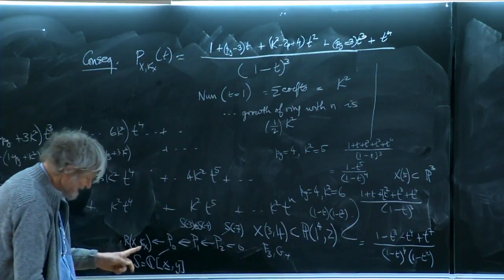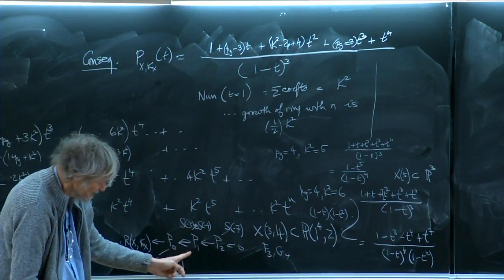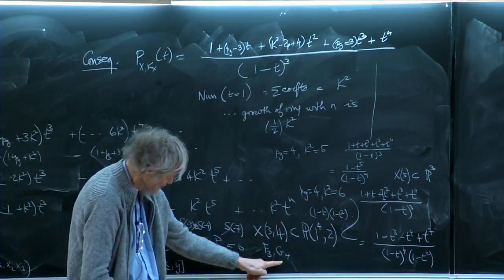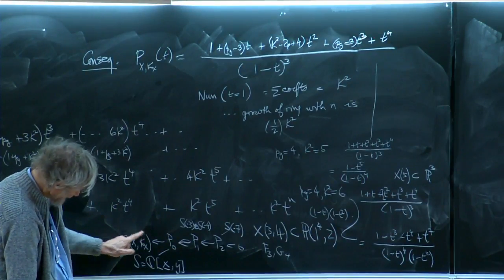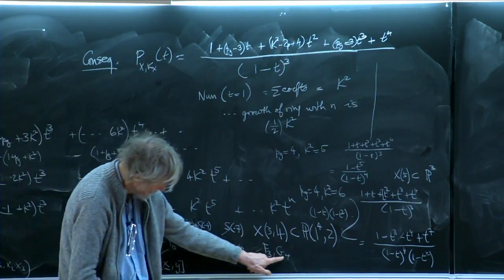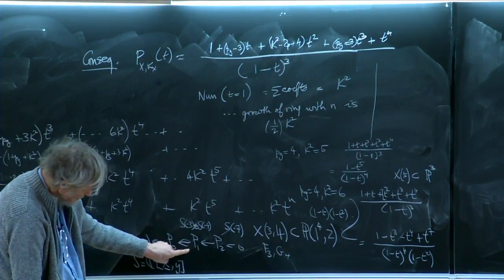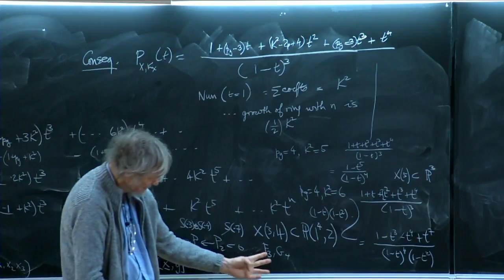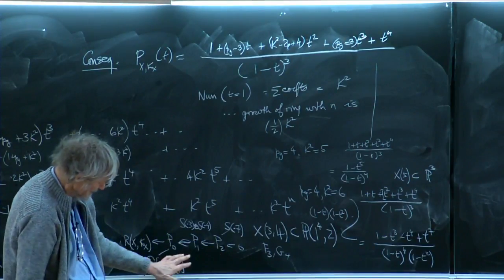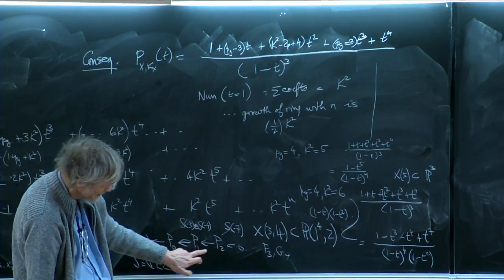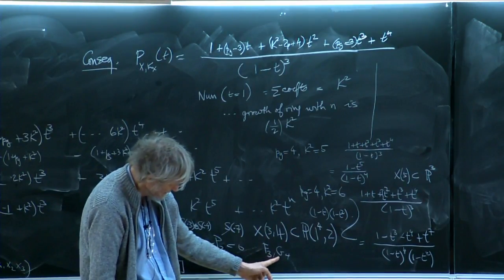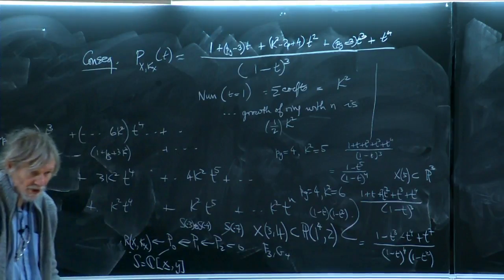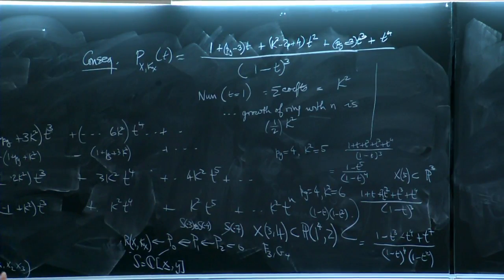Right. So this sequence here is the Koszul complex of F3 and G4. It says that the ideal of things that vanish on X is generated by F3 and G4, right? And then it says that F3 and G4 are as independent as they possibly can be. The only syzygy holding between them is G4 times F3 minus F3 times G4 equals 0.